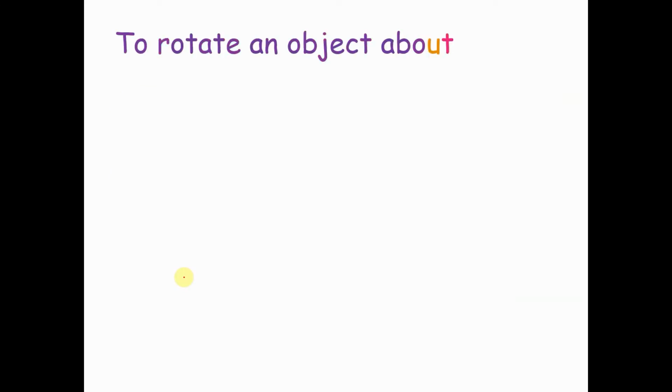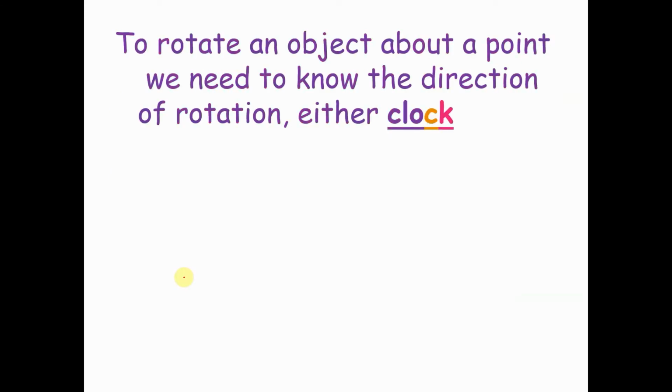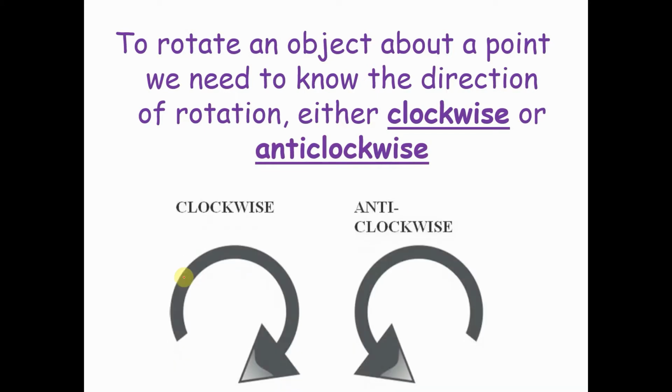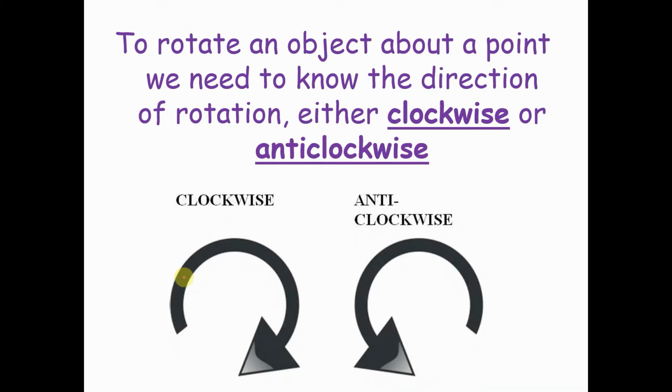Now, to rotate an object about a point, we need to know the direction of rotation, that is, either clockwise or anti-clockwise. Clockwise is in the direction of the clock, of course, as you can see over here, while anti-clockwise is in the opposite direction.